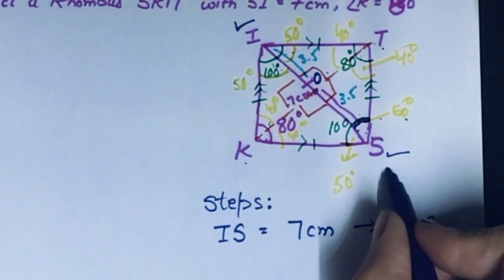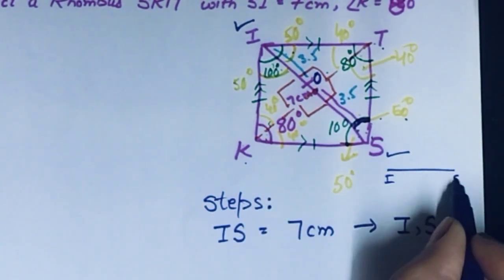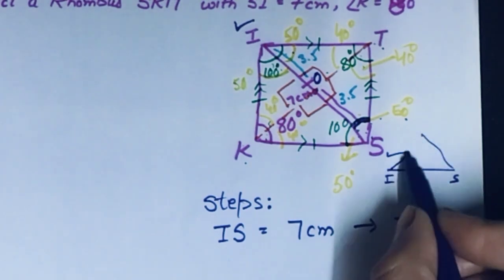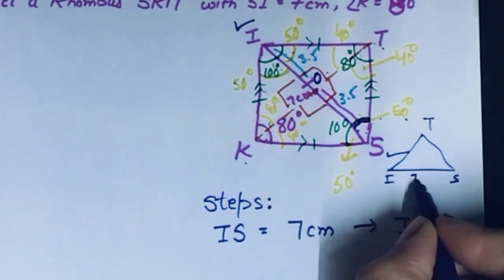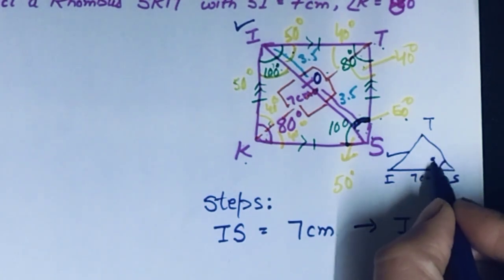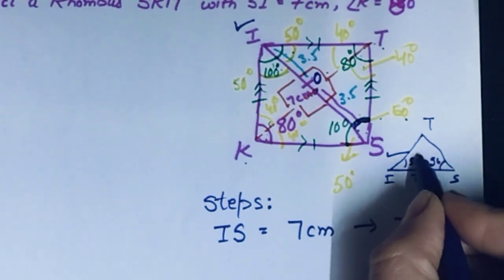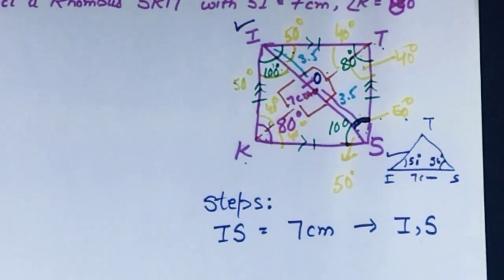So this is your IS. If you draw 50 here and 50 here, where they meet, that's going to be T. This is going to be 7 centimeters. This is 50, that is 50, and you will get your T. So you have two measures to reach the third vertex.